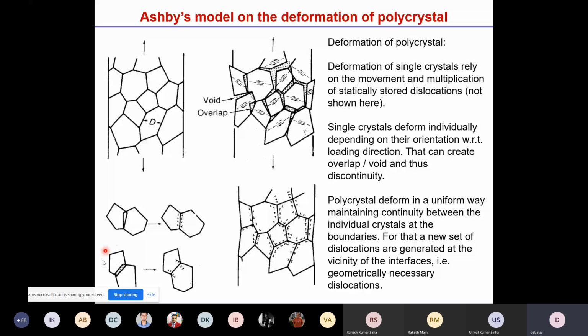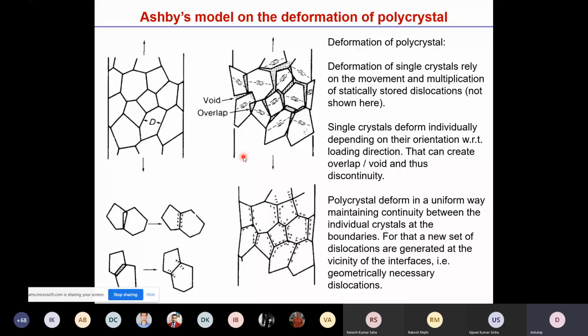In the bottom right, you will find the crystals deform in their own way, but to maintain continuity, a set of geometrically necessary dislocations gets created. In this schematic, statically stored dislocations are not shown.